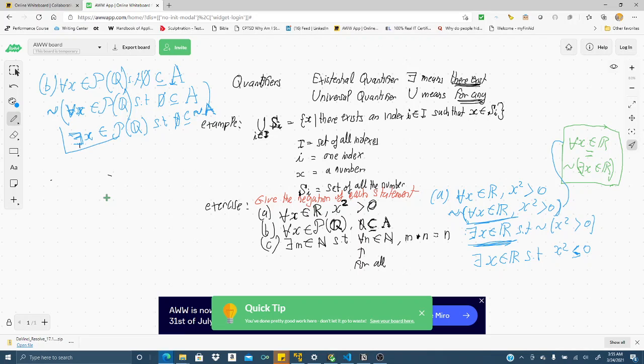Yeah, that would be the solution. And the reason this works is that here it means there exists. Like for all, this means for all x.